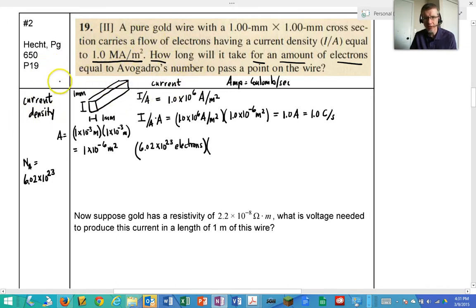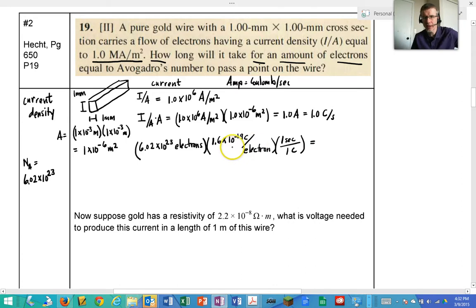So we're making kind of a units problem here, is what we call it. 1.6 times 10 to the minus 19 coulombs per electron. Notice that we'll get coulombs out of this. So many electrons gives me so many coulombs. If I've got in 1 second 1 coulomb, and I want to know how much time it's going to take to get these, I can just take this current and invert it. So in 1 second I'm getting 1 coulomb.